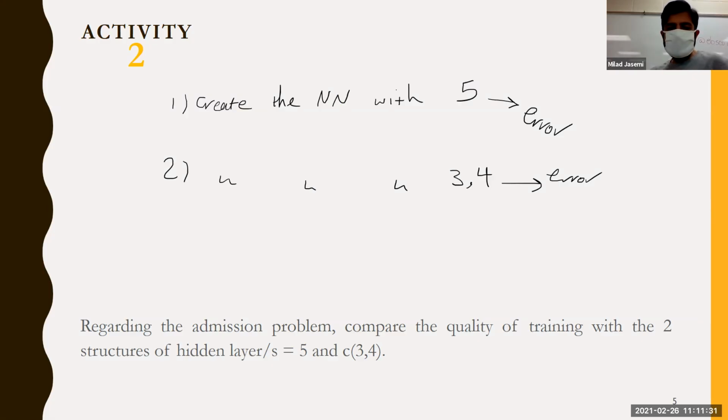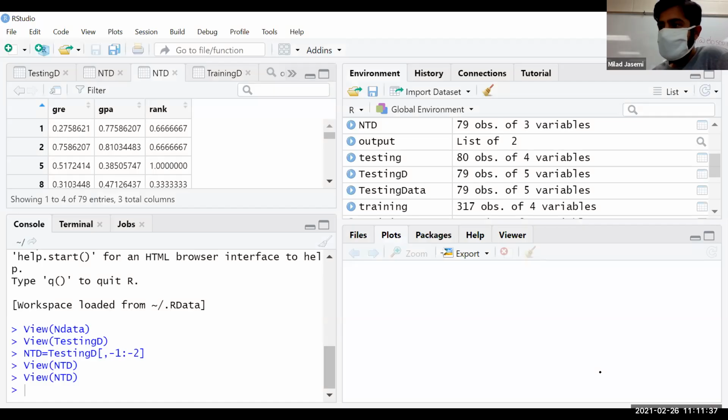We want to see, in terms of training quality, which one is better. Still, for creating the neural network, 5 elements would be enough, and I'm running it also here.